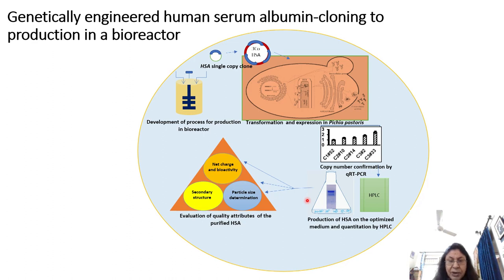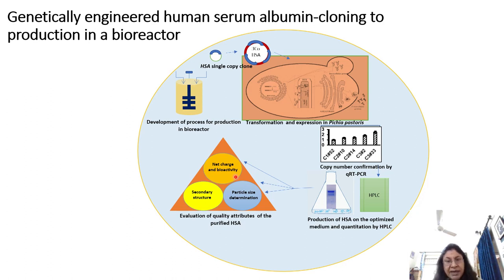And then this particular recombinant HSA is now evaluated for what is the charge on it. Is it really bioactive? Even if we have purified this protein, the first thing to evaluate is whether it really has the kind of bioactivity which you desire.